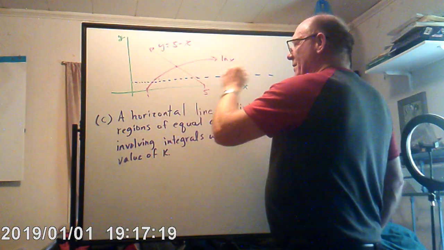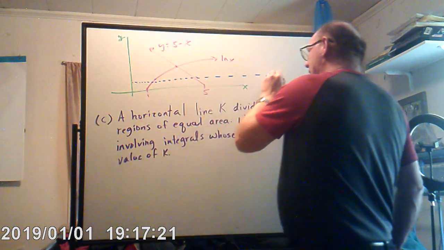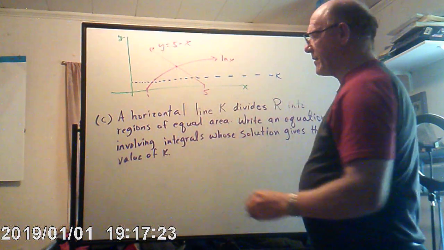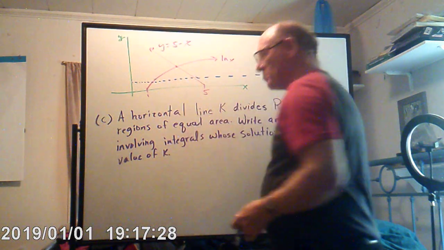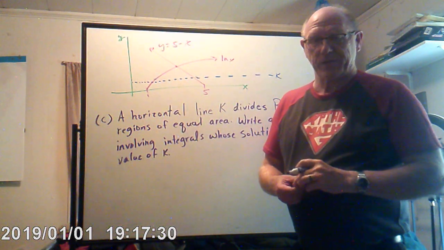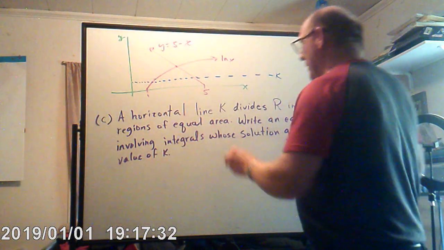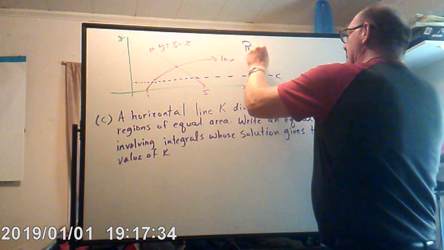Alright, I know I went up and down, that's alright, but this is line K. Alright, it divides this region into two equal areas.